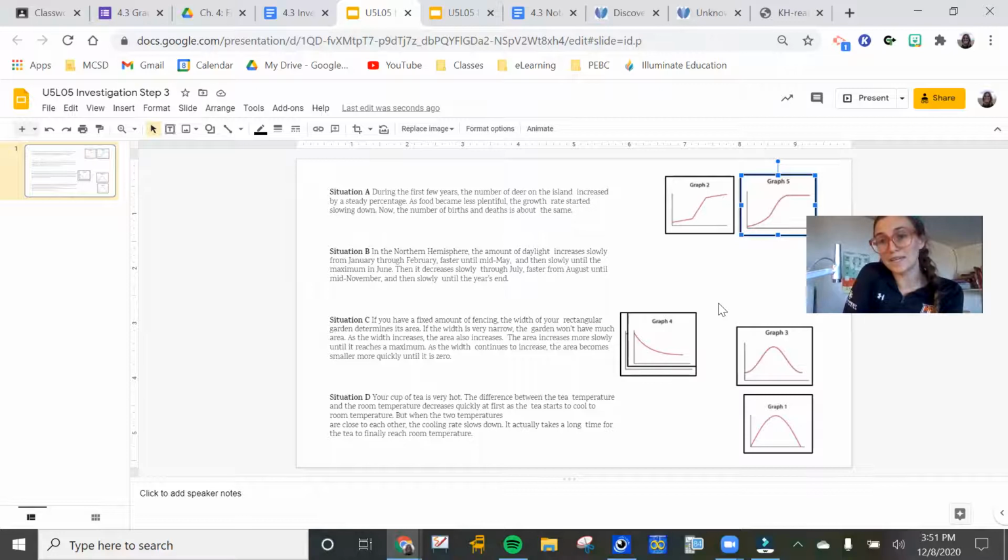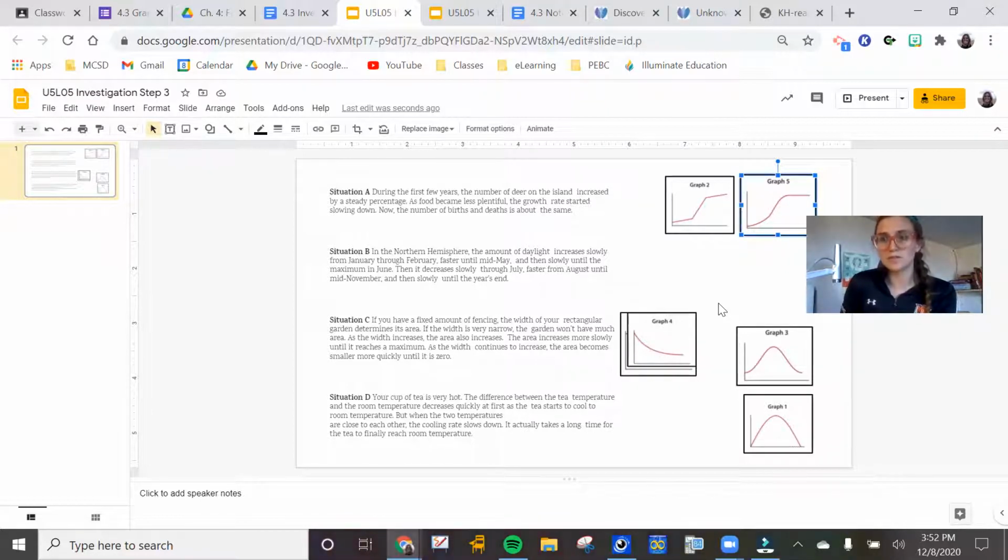Something about linear graphs is that they will always have a constant rate. That's what makes them linear. That's what makes them a straight line. A non-linear graph is something a little more fluid, like the birth or death rate of deer. That's not something that's going to happen on a constant basis all the time because it's kind of random, right?